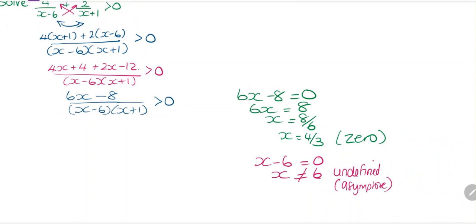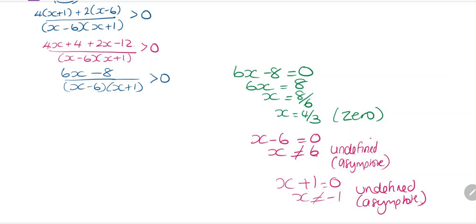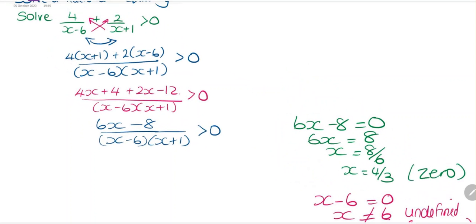And also x plus 1 is 0. So x cannot be minus 1. So undefined, and we'll have another asymptote at this value. So let's go back.